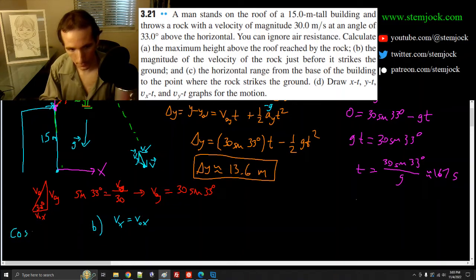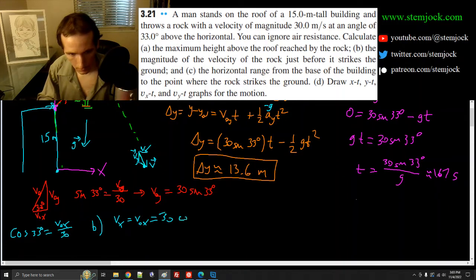So cosine 33 degrees equals V0x over 30 meters per second. That's the magnitude of the initial velocity vector. So V0x is going to be 30 cosine 33 degrees.